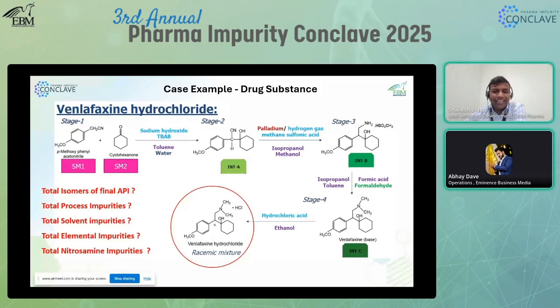Then Miss Shikha from Fresenius Kabi has given total isomers 2, process impurities 3, solvent impurities 8, elemental impurities 1, and nitrosamine 1. Then Dr. Sanjeev has answered solvents 8, then metals 2, then impurities 6.